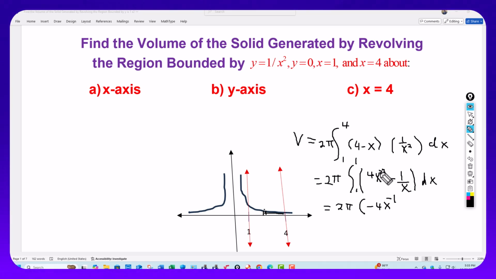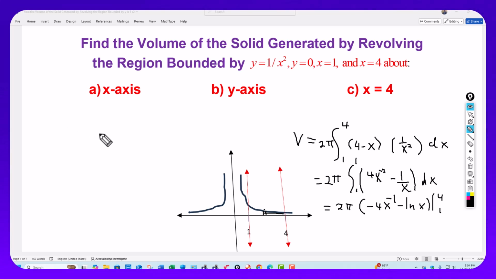Then for minus 1 over x dx, that's the one for ln of x, so this will be minus ln of x. And then we just evaluate from 1 to 4.